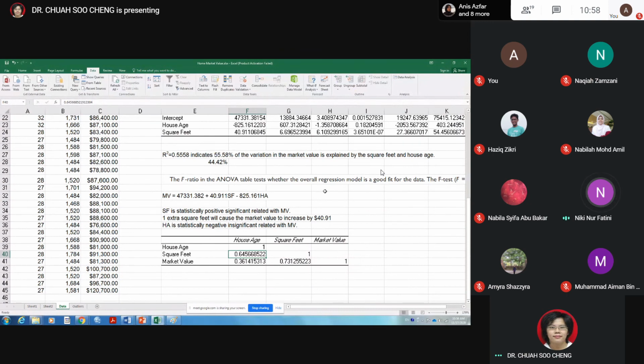Yes, doctor. So this is one way, but I hardly use it. Normally, I still prefer using VIF. Excel cannot do that, but in your econometrics, later on when we go to SPSS, and also when using EViews, you can do that, but Excel cannot.